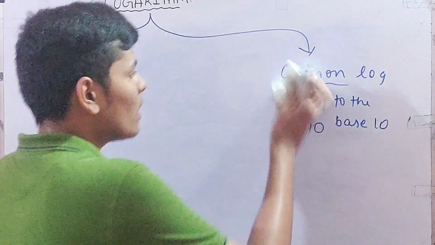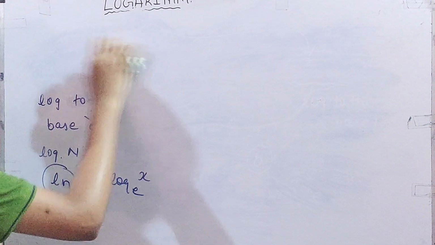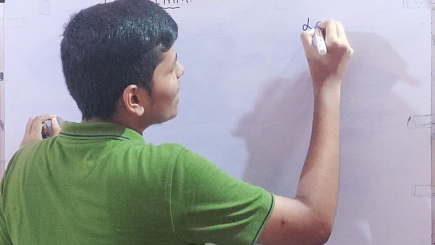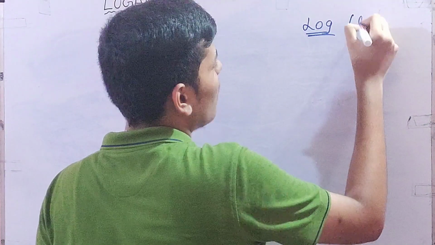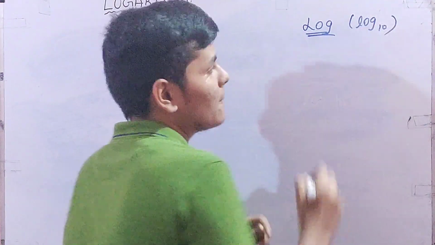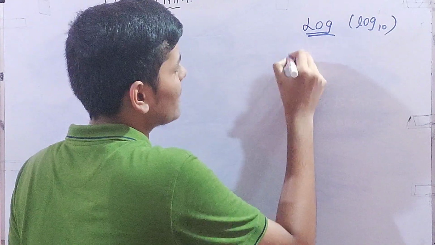Now this was common log and natural log. Whenever we learn about logarithms, there are some values of logarithms which are required for general chemistry and general mathematics. When we talk about log, that is log to the base 10, we need to learn the values of log 1 to log 9.